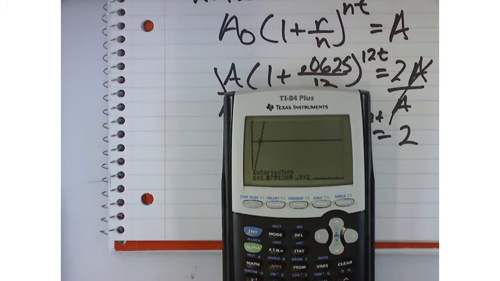Now this is saying 1.87. Does that seem reasonable to you guys? Our last problem said we could do it in 11 years.